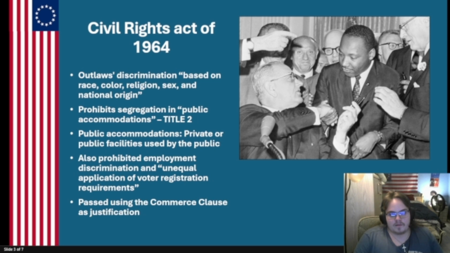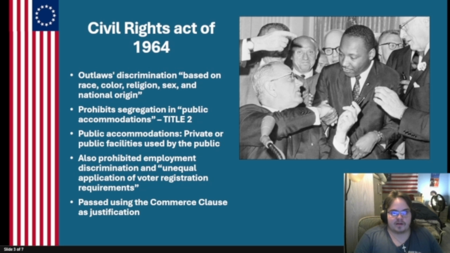I thought public accommodations just applied to public and government buildings and offices, but it doesn't. Public accommodations applies to private or public facilities used by the public. So think any business, any store, motels, restaurants. Those are public accommodations. And it also prohibited employment discrimination and unequal application of voter registration requirements.